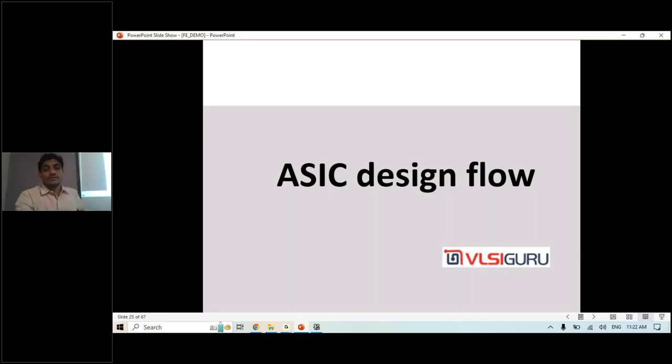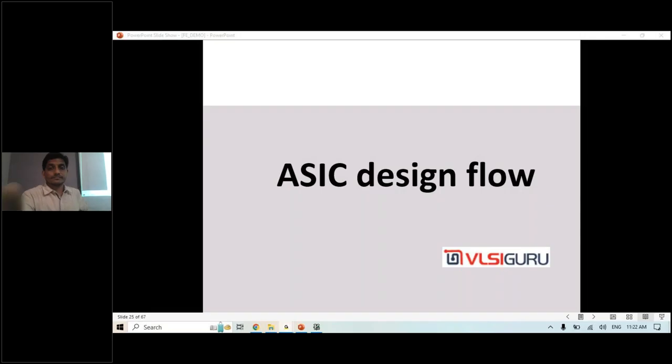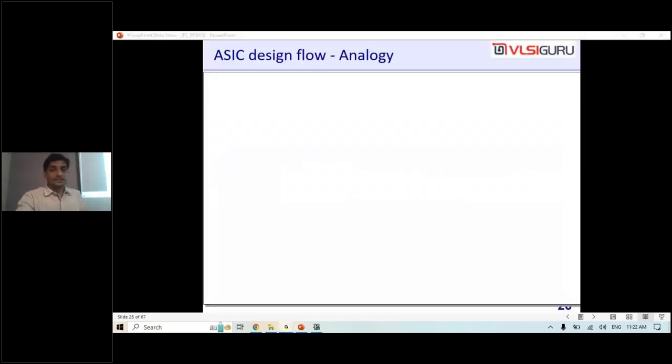Now let us talk about the ASIC design flow. First, let's understand a simple analogy for the ASIC design flow. Why do we take analogies? Because you can easily correlate them.